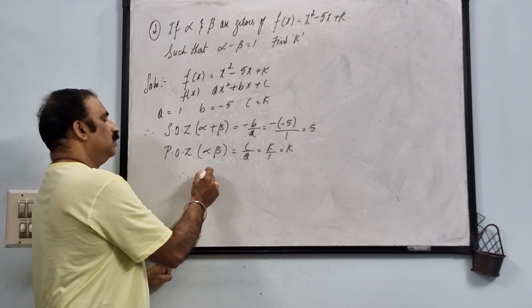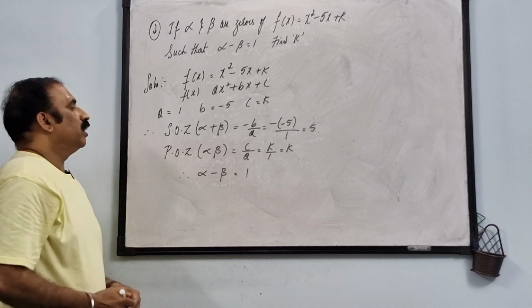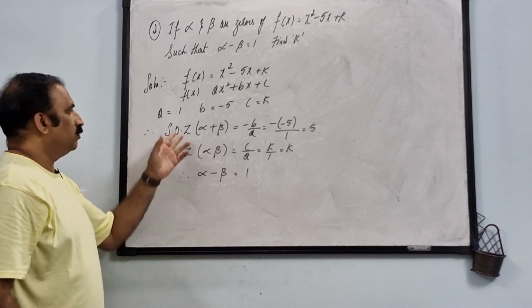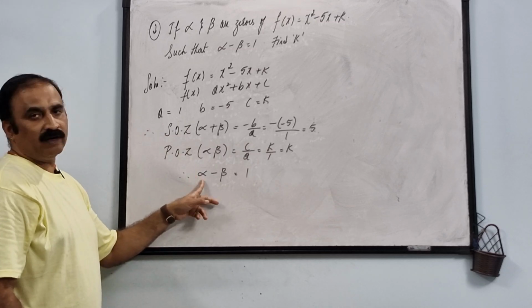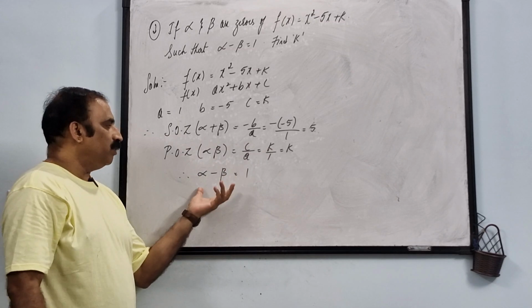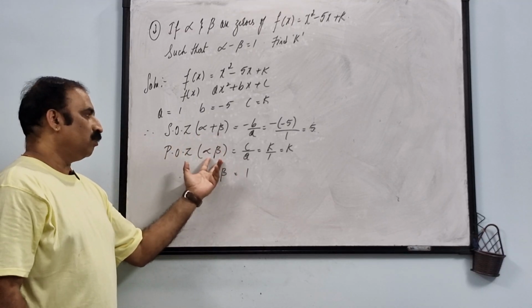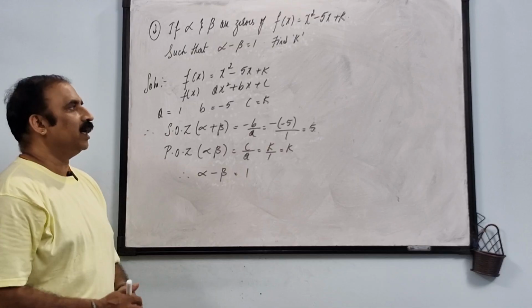We'll take the condition. It says alpha minus beta is equal to 1. Now according to the data given, we don't have a separate value for alpha and a separate value for beta. So you'll have to go into a particular formula to express this in the form of sum of zeros and product of zeros, so that you get the value of k.